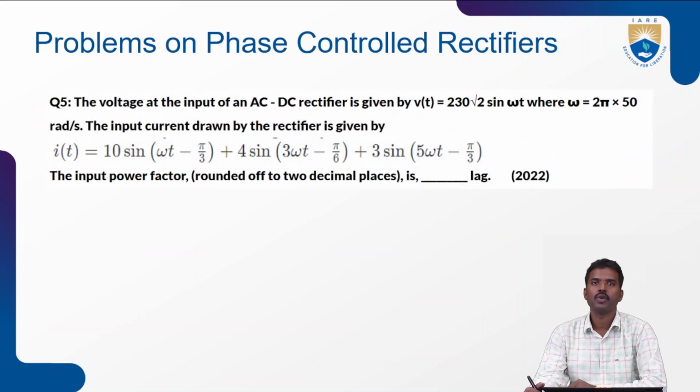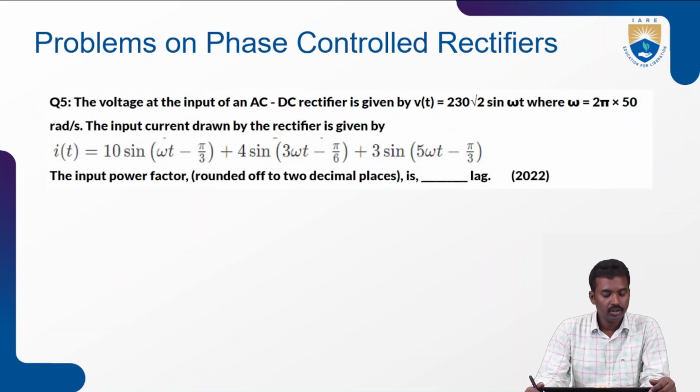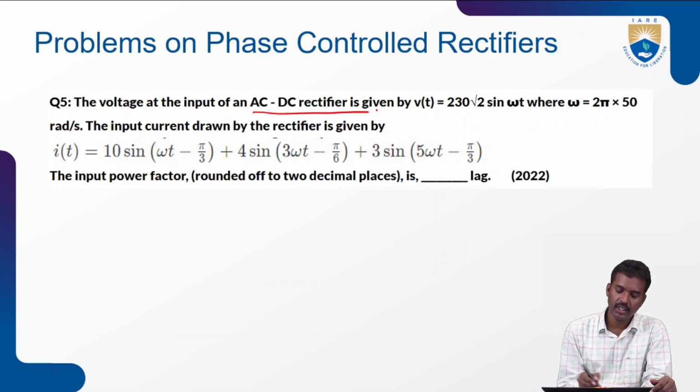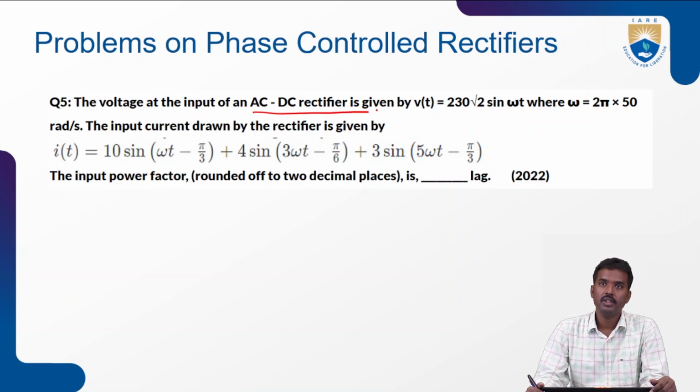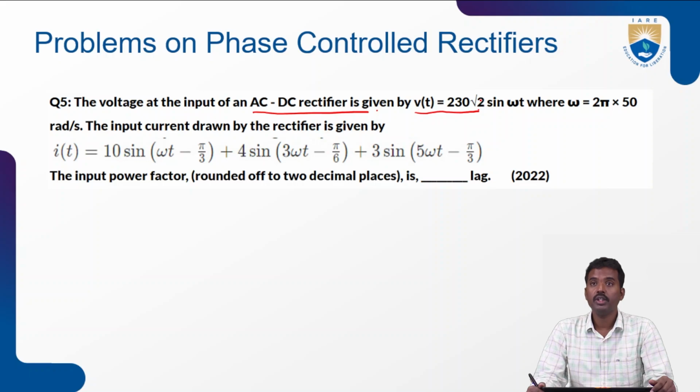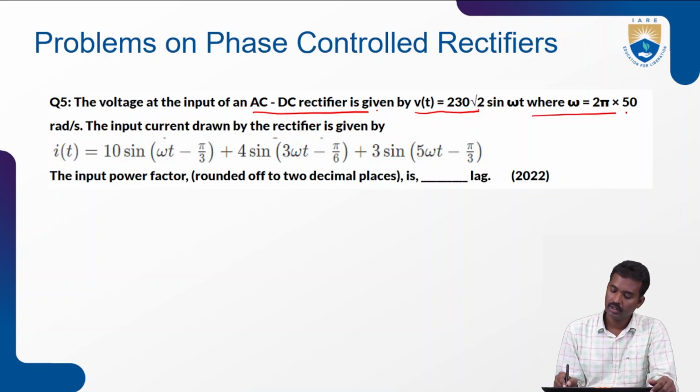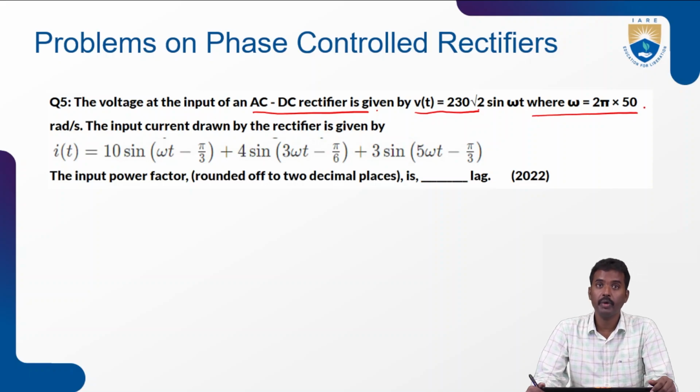Next, fifth question. The voltage at the input of an AC to DC rectifier is given by V of t equals 230 root 2 sin omega t, where omega equals 2 pi radians per second.